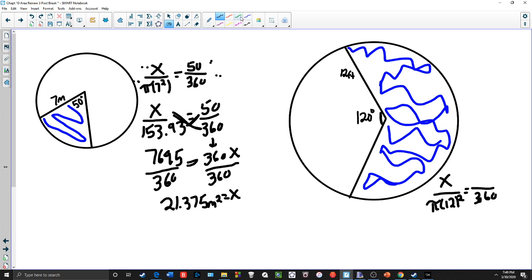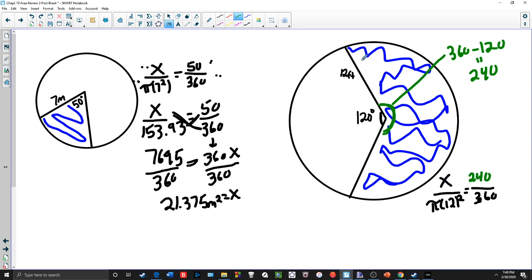So what I want to do is figure out how big is this angle right here. Well, if this is 120, this green angle has to be 360 minus 120, which would give me 240. So I'm going to be using 240 as my angle, not 120.